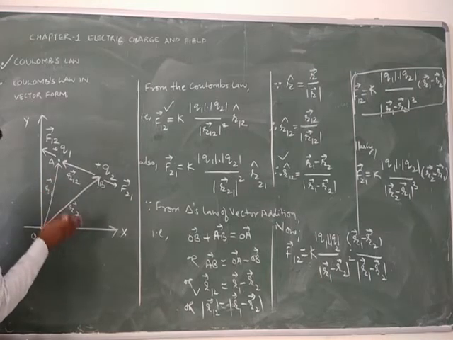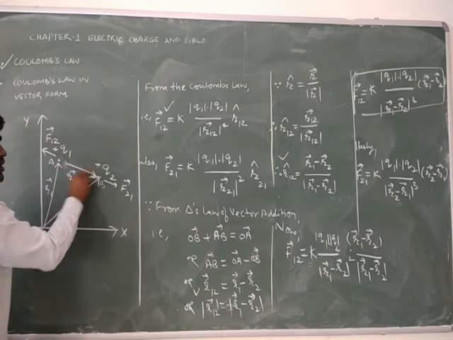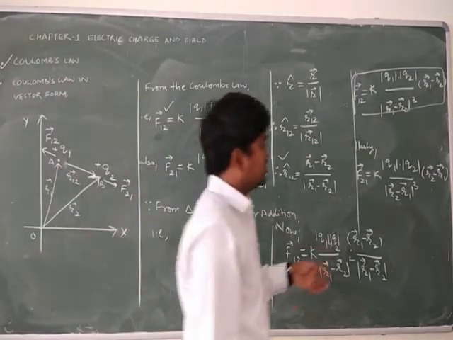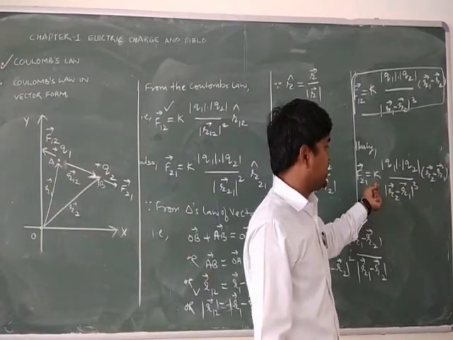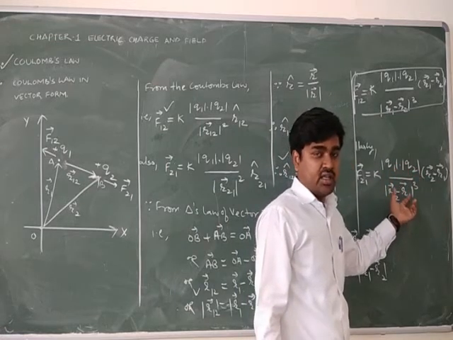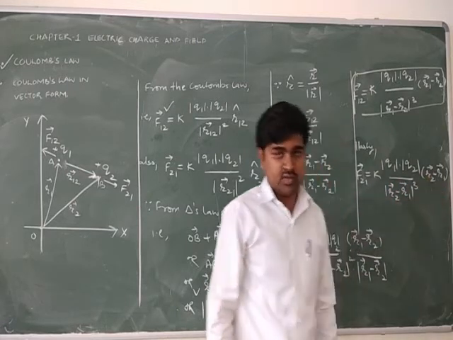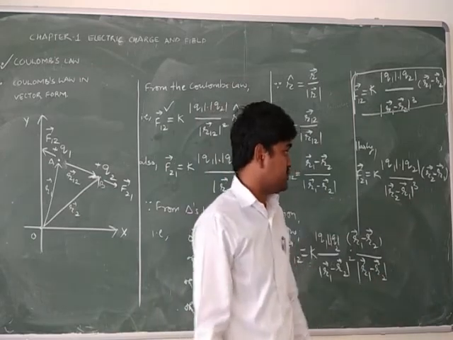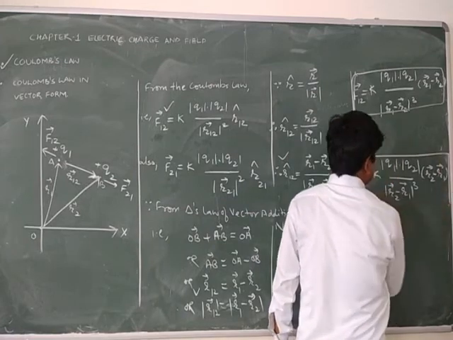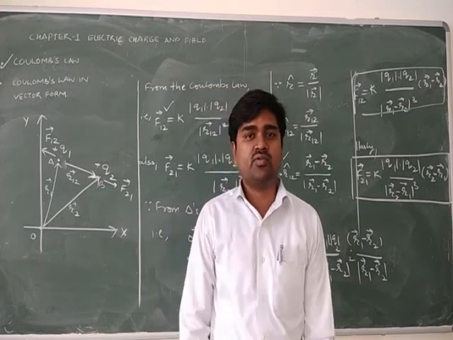We have to change the direction of this displacement vector from A to B. So by doing this, we will find the result F21, equal to k times the magnitude of q1 into q2 divided by the cube of the difference of these two position vectors, multiplied by the difference of these two position vectors. So these two results represent the vector form of the Coulomb's law in terms of position vector.